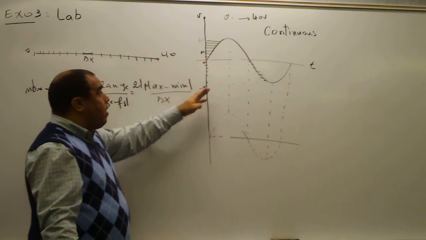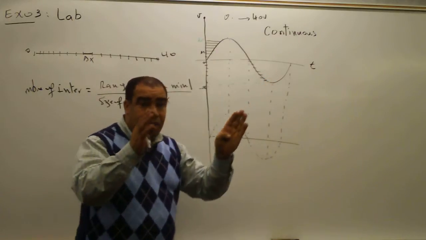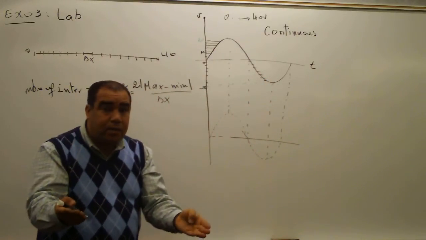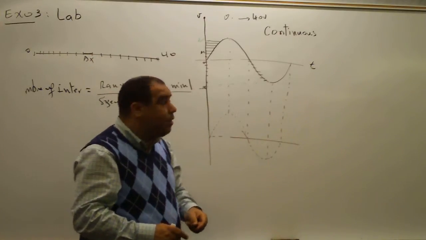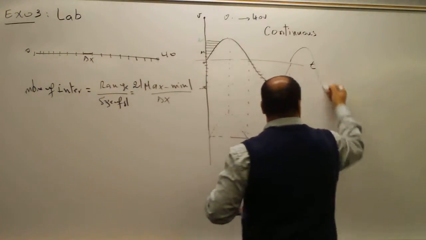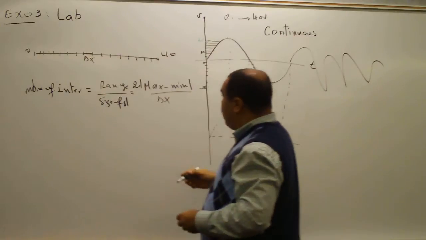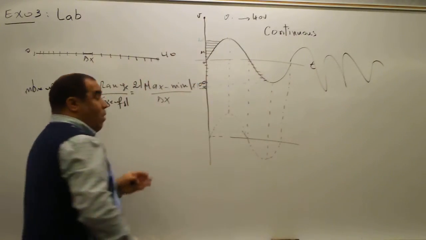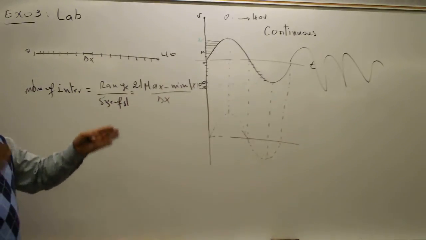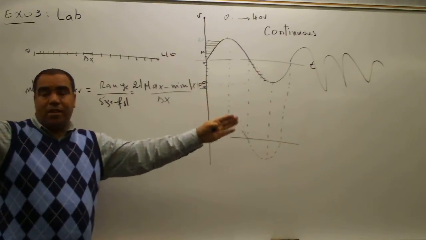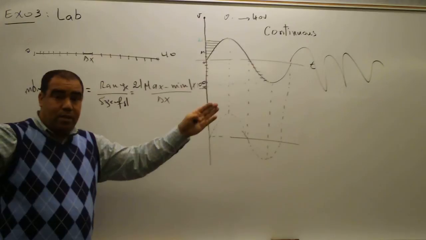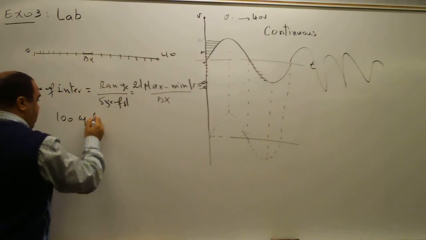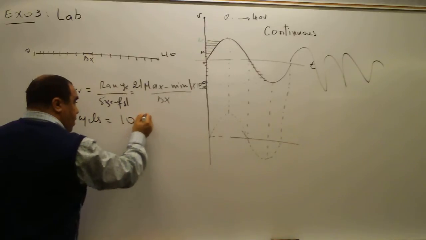Okay? Now, if this is the number of intervals within one cycle, how many cycles do I have? In your case, it is 100. So we continue. This is 1, continue. 100. So you multiply by 100. Once you do that, you have the number of intervals of the entire signal. 100 cycles. 100 cycles is equal to 100 hertz.